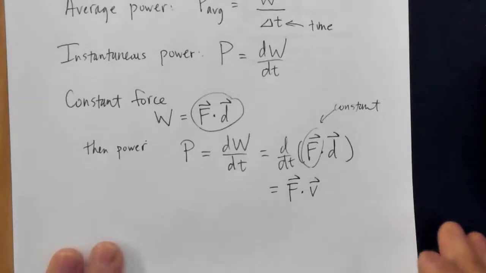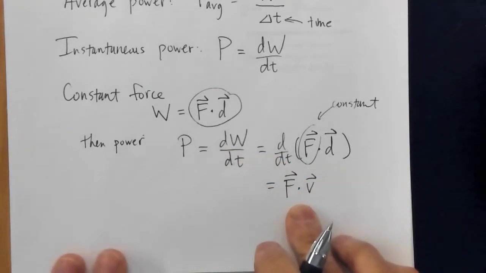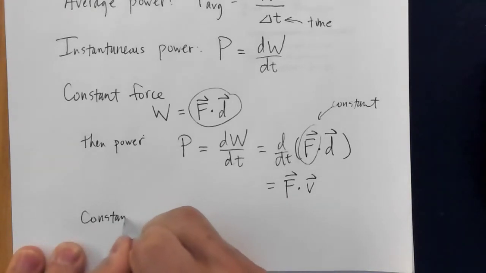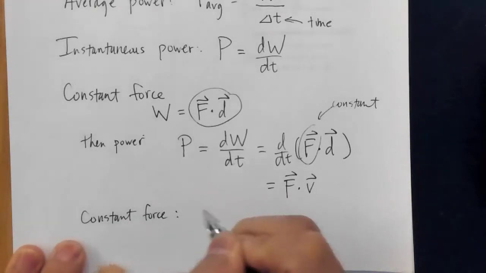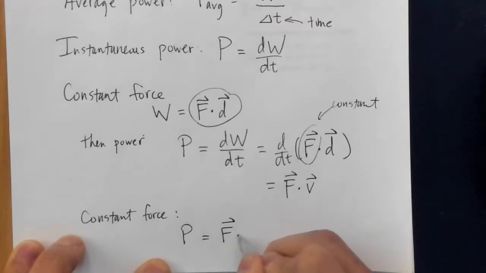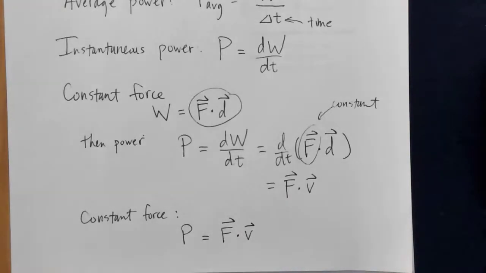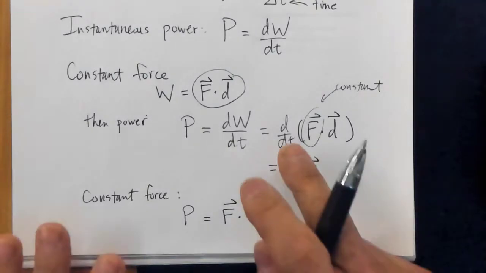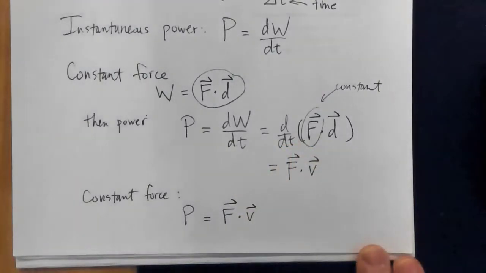So that's the formula for the power for a constant force: the instantaneous power is equal to the force dotted with the instantaneous velocity. Does everybody follow that? Does that make sense?